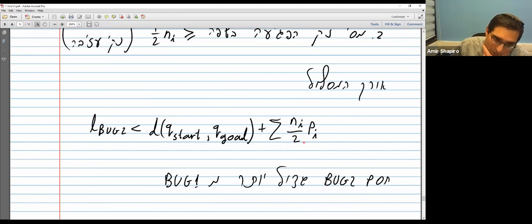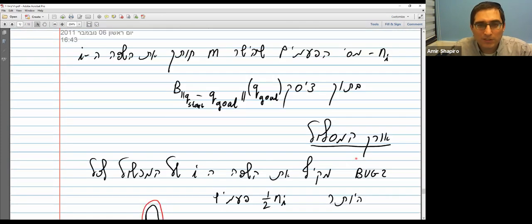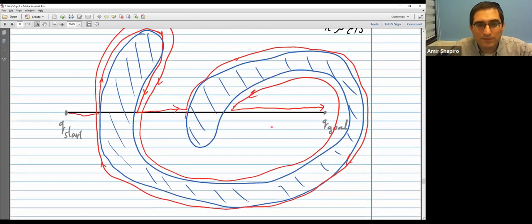So the upper bound of the length here is less tight than Bug 1, because in the worst case it can be more than 1.5 times, as I showed you here.